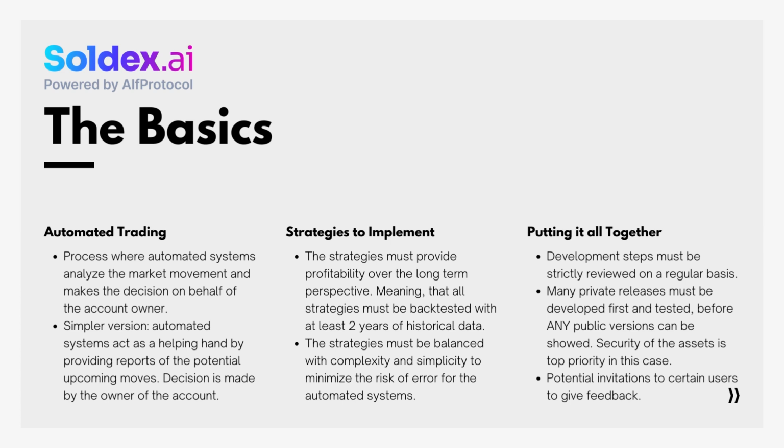Also, the strategies must be balanced between complexity and simplicity to minimize the risk of error for the automated system, meaning that we cannot make the strategy super complicated, monitoring hundreds and hundreds of different variables before making a decision, which would increase the risk of potential error for the system, and it may start showing false signals and making false decisions.